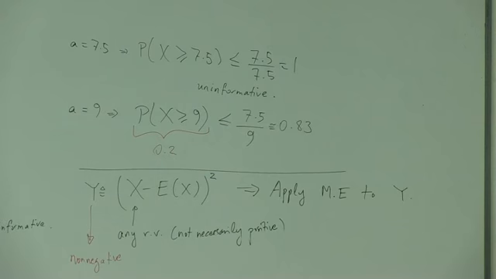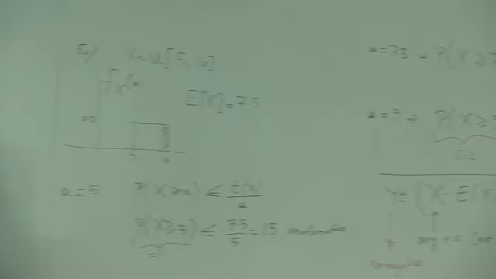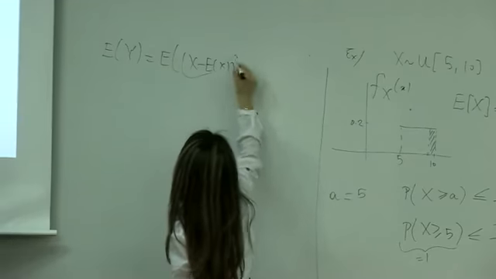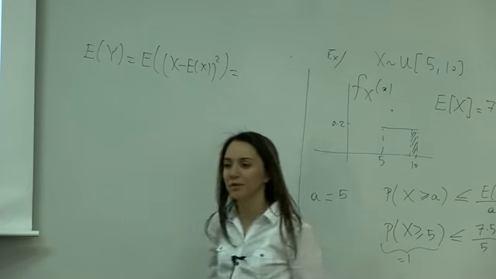What is the expectation of y? It's the expectation of x minus expected x squared, right? So the expectation of y is expected x minus expected x squared, which, if you don't know this, you're in trouble before the midterm.